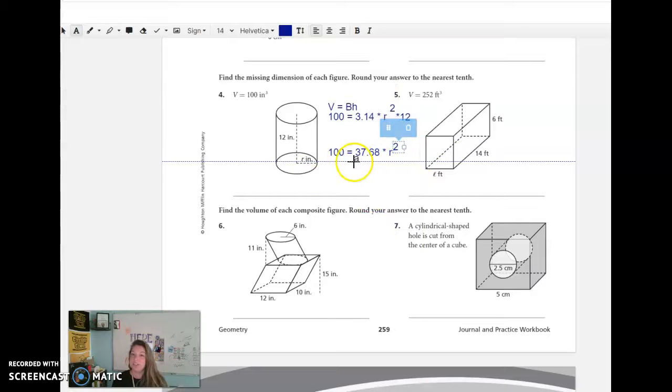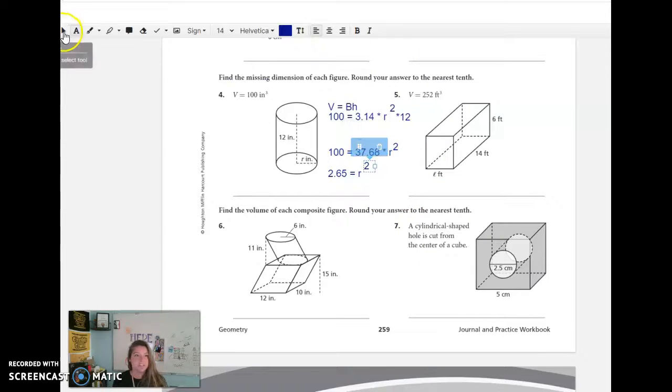So now I'm just going to divide both sides by 37.68. So when I type into my calculator 100 divided by that decimal, I'm going to get 2.65. Okay, so that so far is what r squared equals.